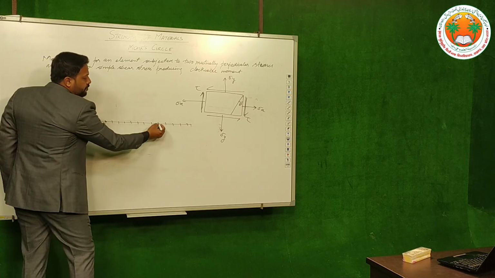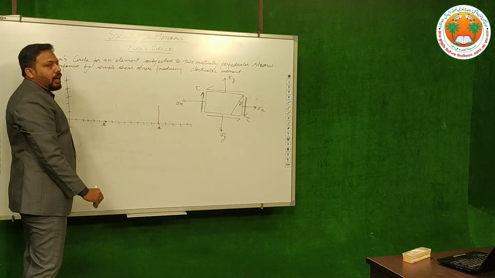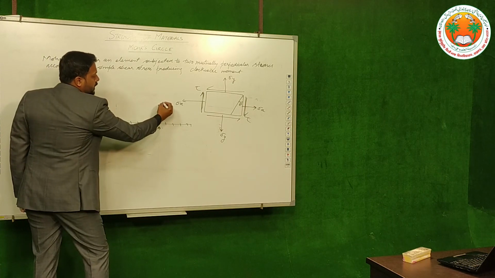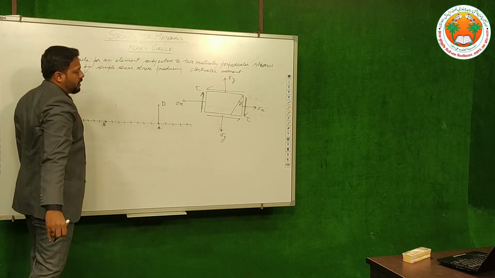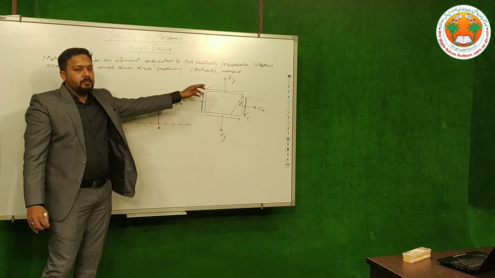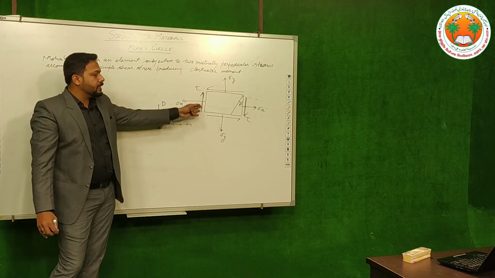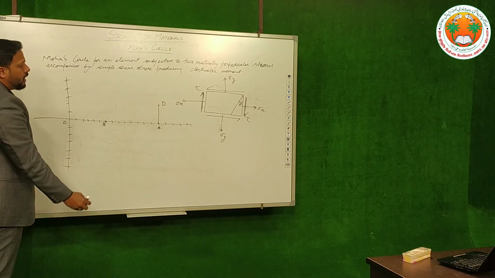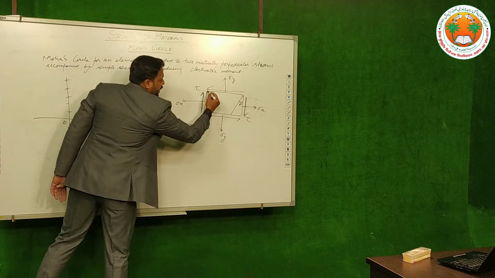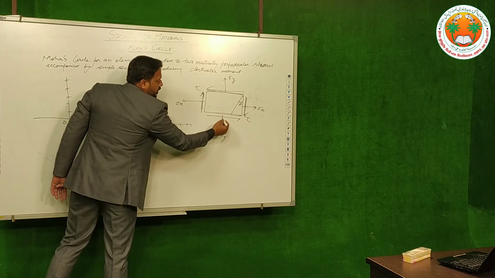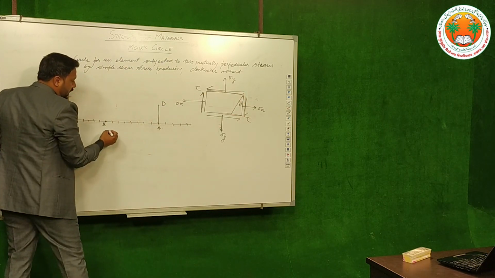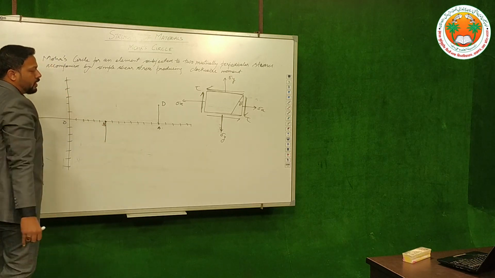So we will draw the value of tau and mark this point as D, because on the major principal plane it is clockwise, that's why we have taken it on the positive y-axis, and on the minor principal plane it is anti-clockwise, and thus it will be marked on the negative y-axis.